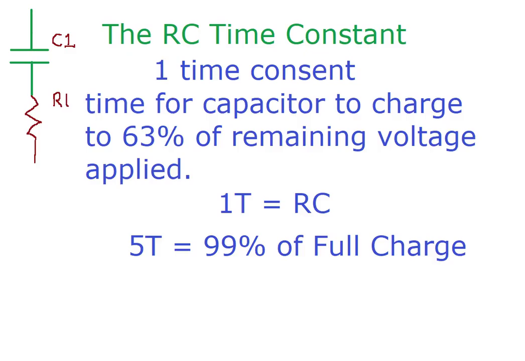And obviously that much higher resistance is going to increase the RC time constant and therefore let it, what we call, bleed for a very long time. So, larger resistance, larger time constant, larger capacitor, larger time constant. And once again, it works for either charging or discharging of the capacitor.